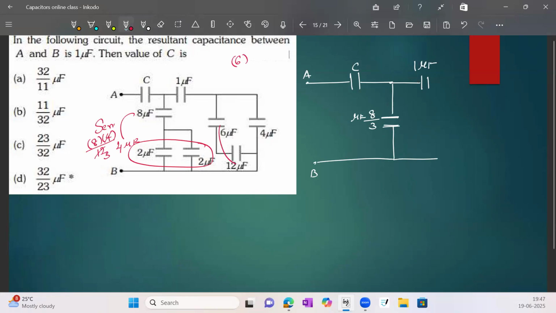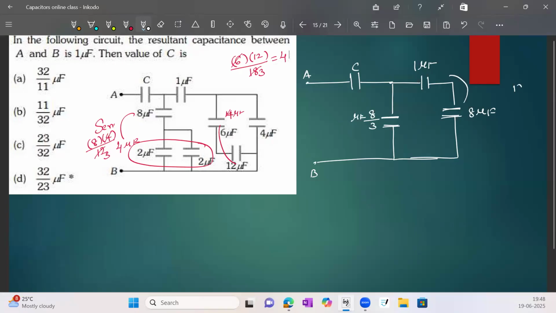So 6 into 12 by 6 plus 12, it becomes 18. 6 ones are 6, 6 threes are 18, 3 ones are 3, 3 fours are 12, 4 microfarad. So this total value is equal to 4 microfarad. 4 and 4 connecting in parallel, it becomes 8 microfarad.